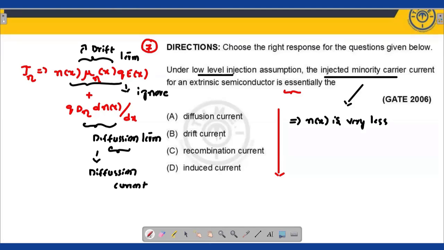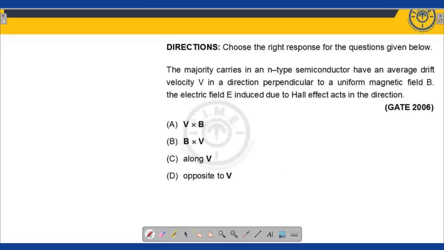Okay. So here, my dear students, the option is A. That is what, my dear students, we are going to get the formula here. Next, question number 8.